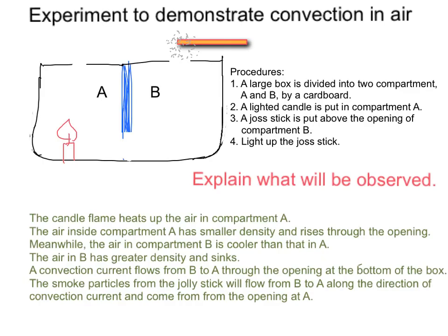Now, let's see an experiment to demonstrate the convection of air. The procedures are: first, we have a large box divided into two compartments, A and B, by a cardboard.